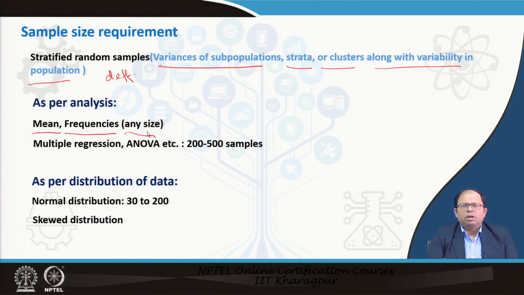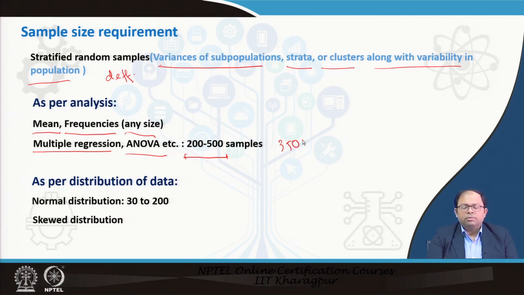Whereas if we are doing detailed analysis, like regression analysis, where we try to see how each of the explanatory variables impacts the dependent variable, or analysis of variance, then we require more samples, where approximately 200 to 500 samples could be appropriate. For logit regression, we have a standard thumb rule of around 350 samples that we need to collect. So these are straightforward thumb rules that we can also use.